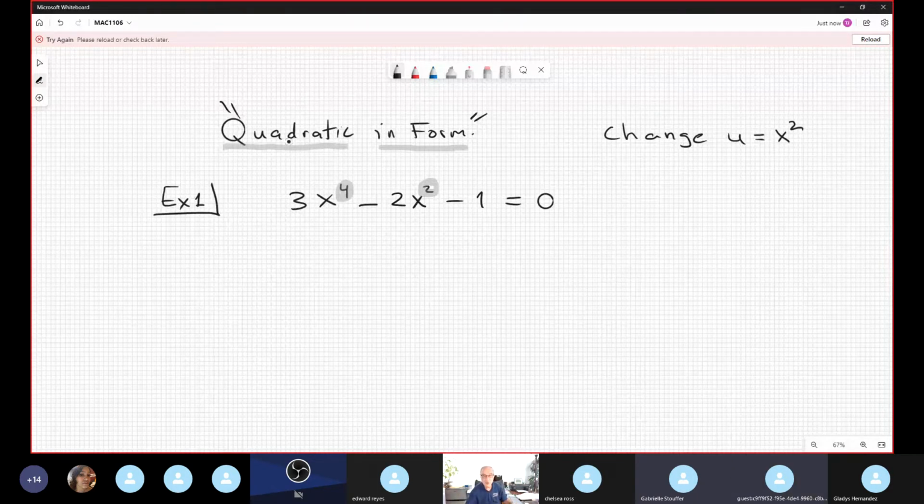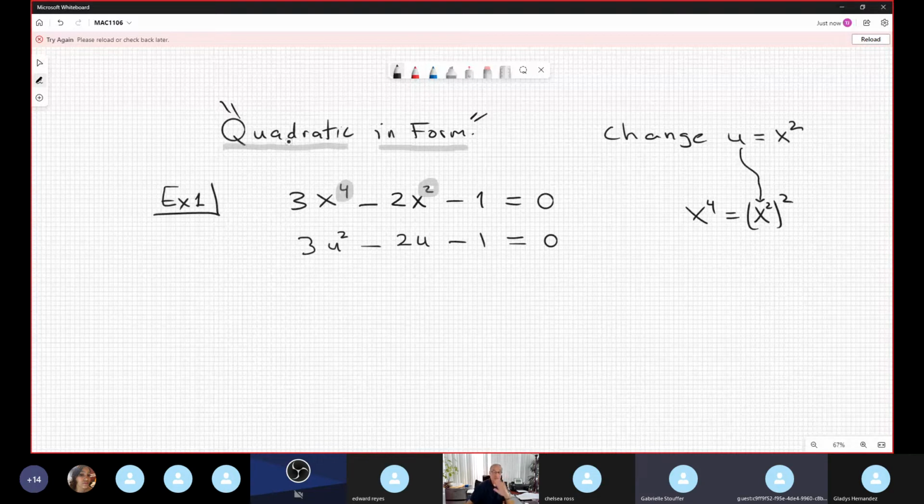How do you apply that? I bring down 0, I bring down -1, but this is -2u because I define u as x squared. And this is 3u to the second power, correct? Because x to the 4 is equivalent to x to the second to the second. But you know that u is x to the second, so u squared, right?